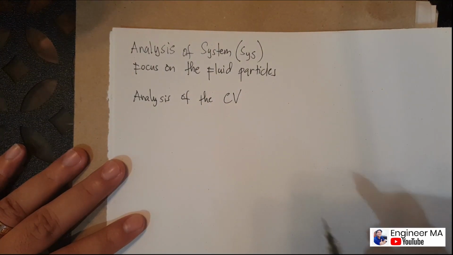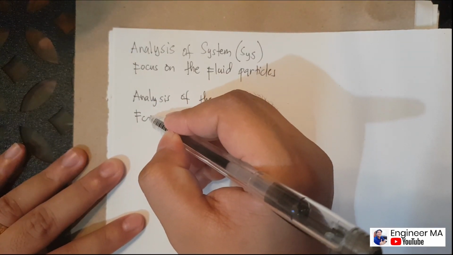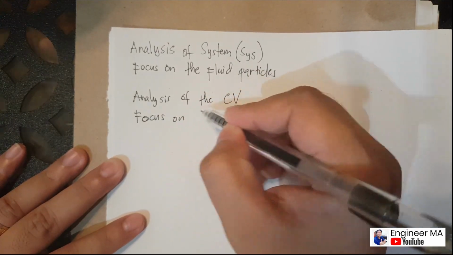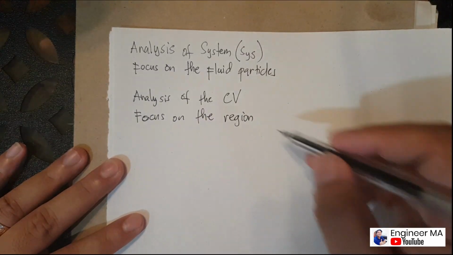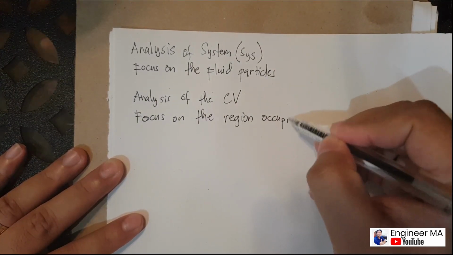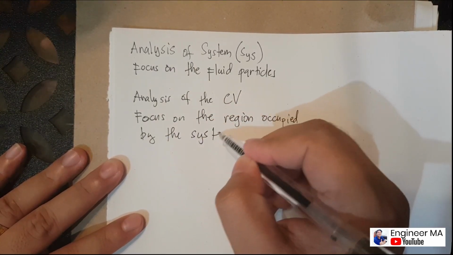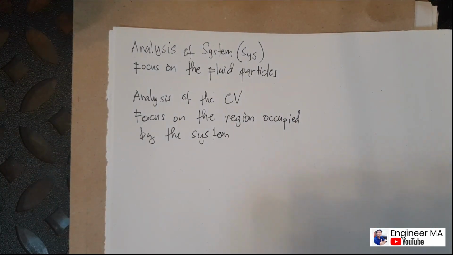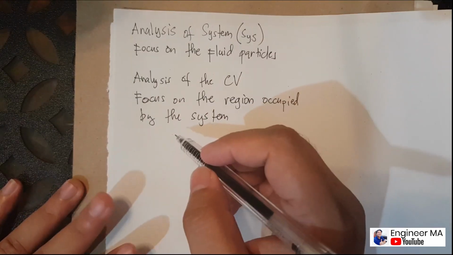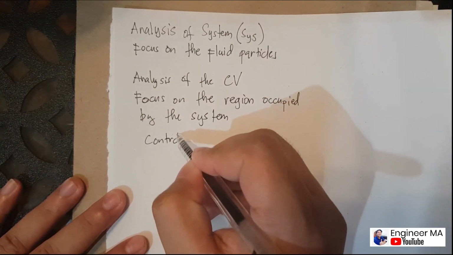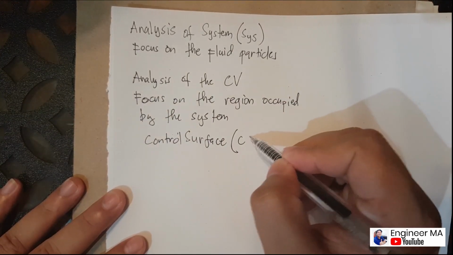Now, the analysis of the control volume is focusing on the region occupied by the system. It is always bounded by what you call the control surface, or CS.